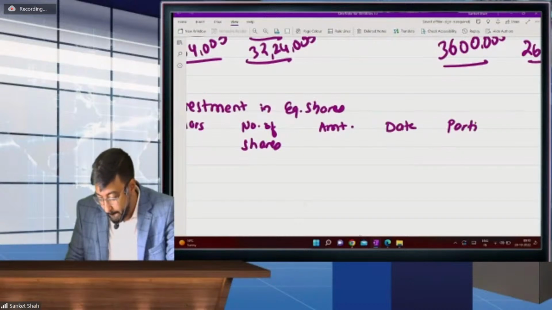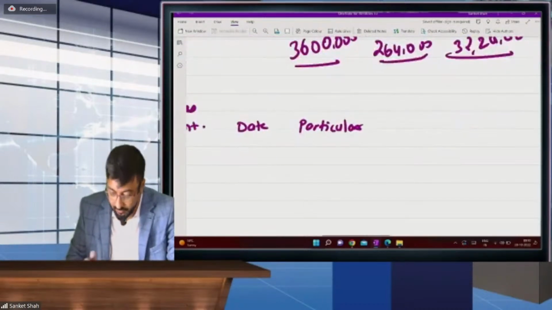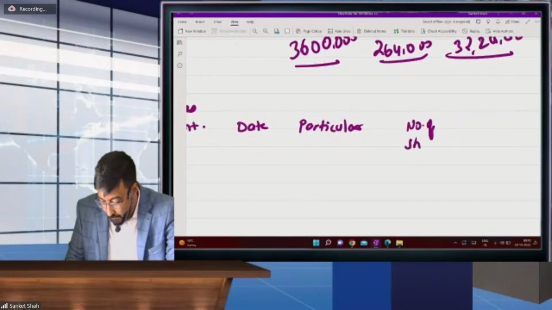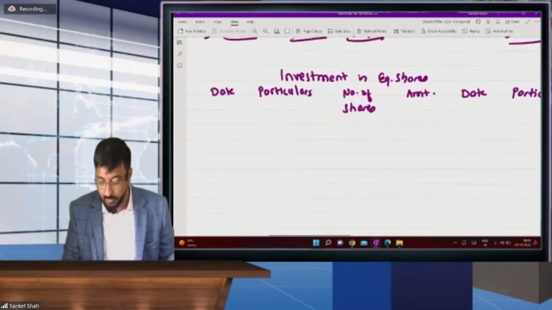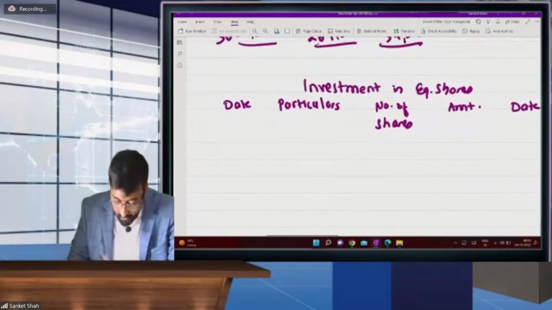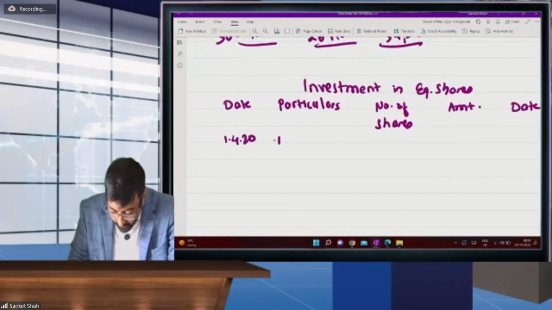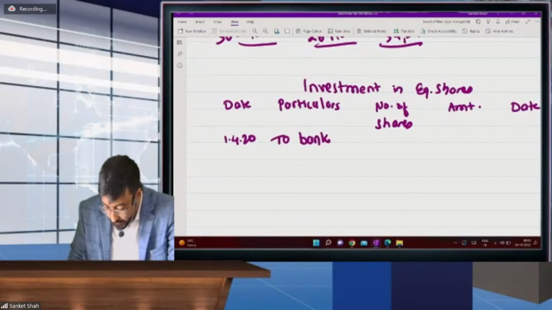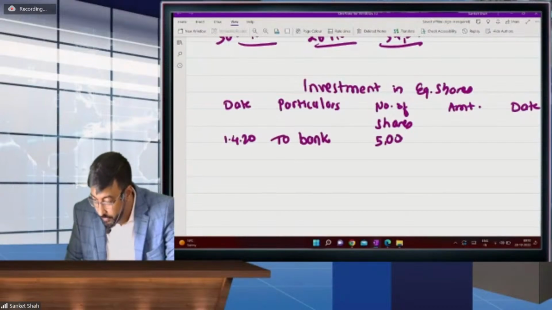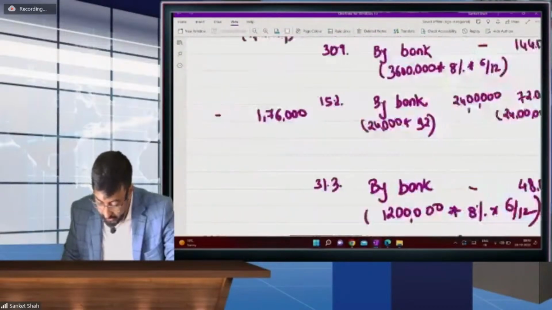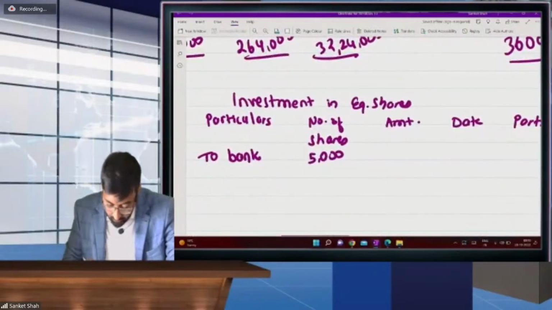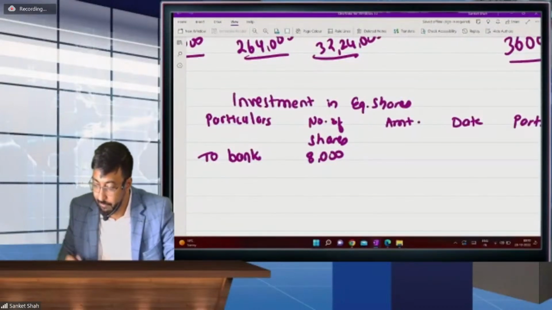Date, particulars, number of shares and amount. First April 20, to bank. Number of shares 8,000, 15,20,000.